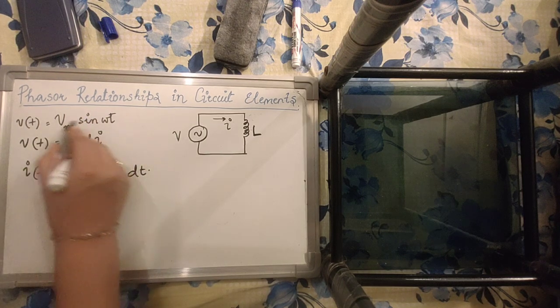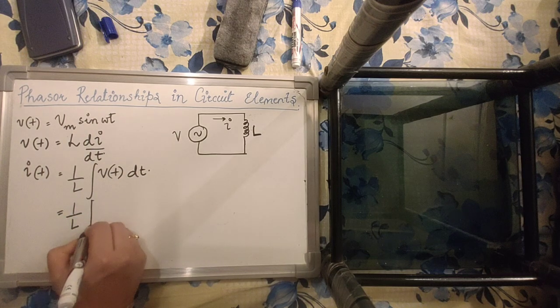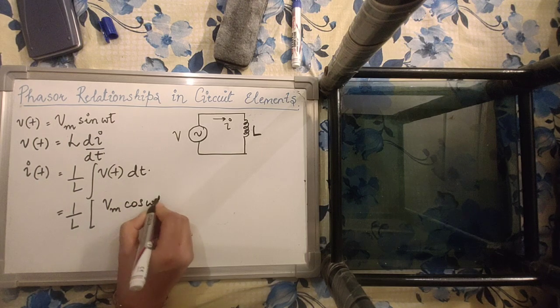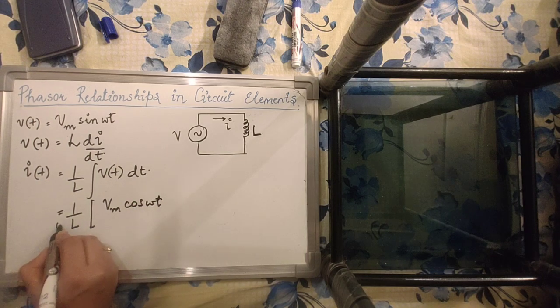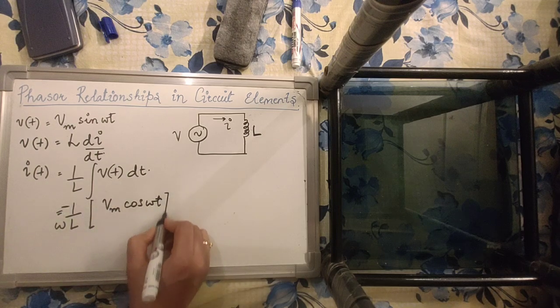If we integrate the voltage signal, we get Vm cos of omega t by omega, and then there is a minus sign, something like this.